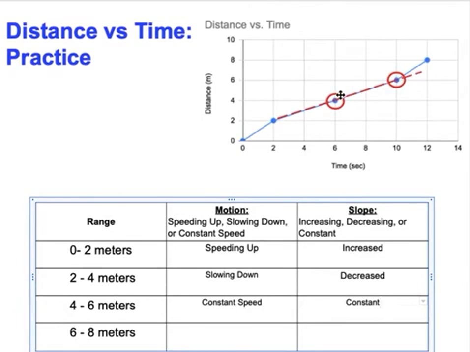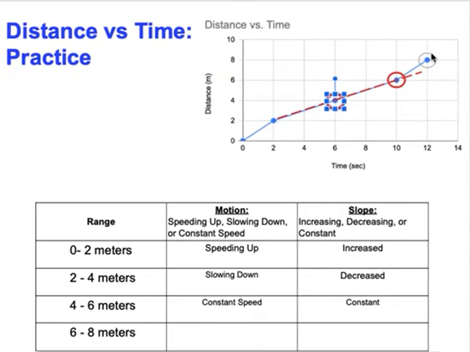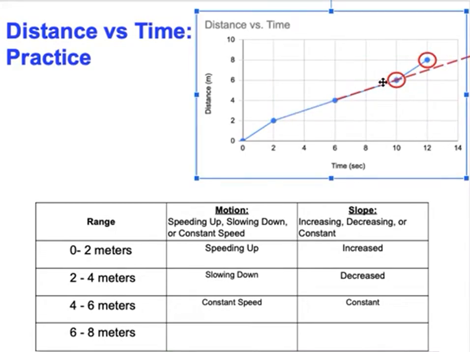Okay, so now let's look at it from 6 to 8 meters, this dot to this dot. Now I need to match it up again with my through line here, the slope of the line here, and look at what happens to this line right here. If the line continued to go straight here, well, this line doesn't do that. What do you notice?